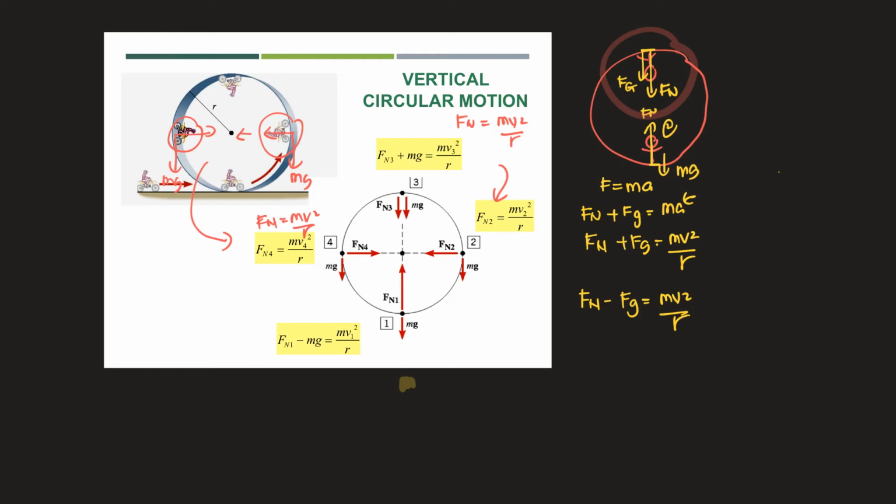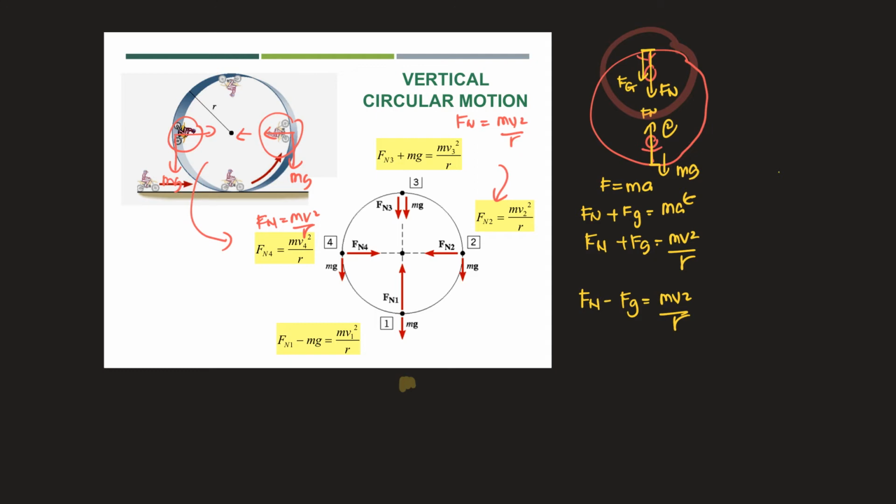Okay, there are certain questions where you swing a ball, and at the top of the circular motion, the question asks you to find the minimum speed. So at that particular point, for the minimum speed you need to put the tension force as 0.